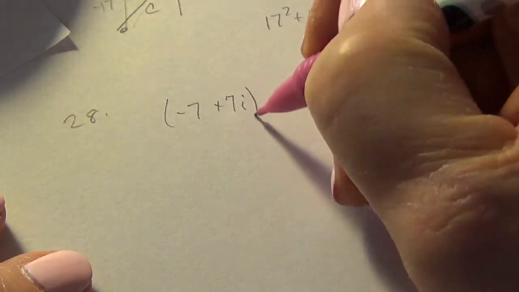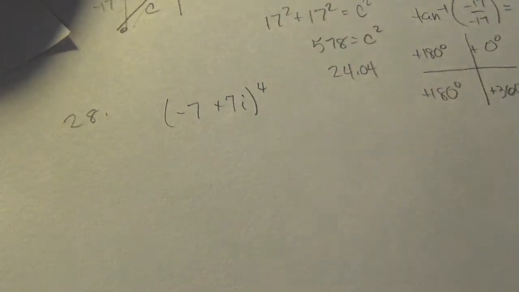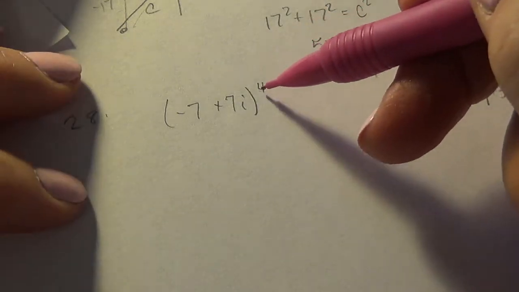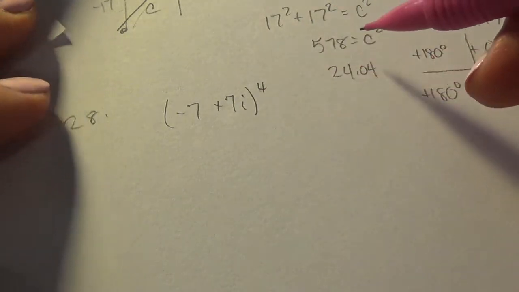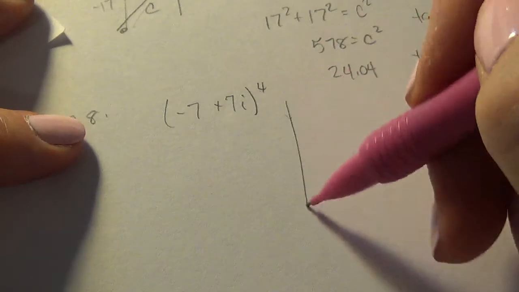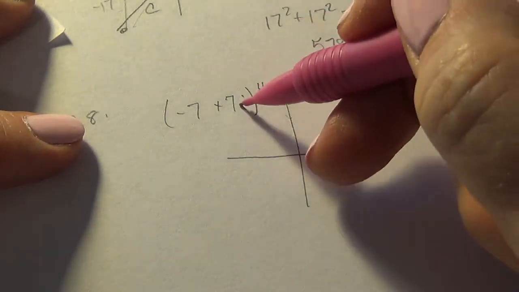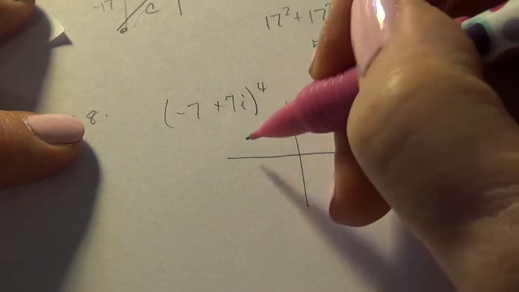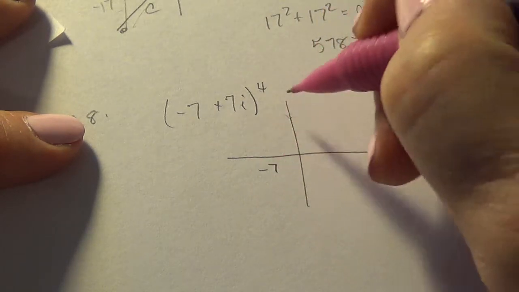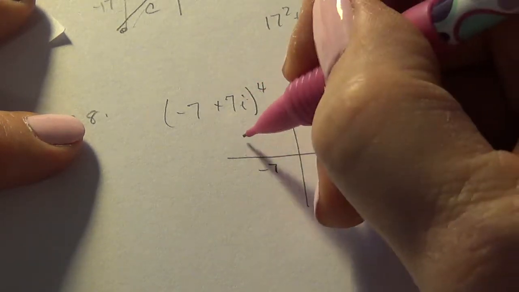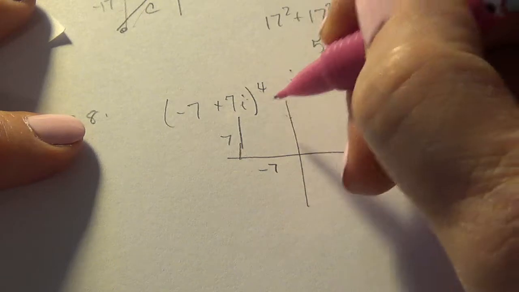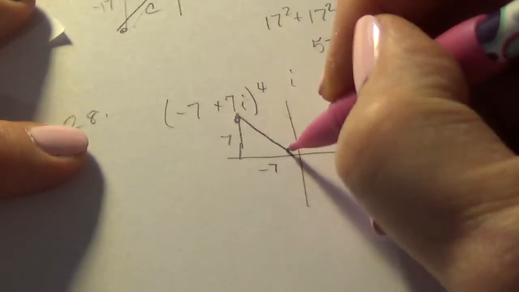De Moivre taught us how to take complex numbers and raise them to powers. His theorem only works though when you have it written in trig form. So we have to do that again. So we graph it, the reals minus 7 and the imaginaries plus 7. So there's the point.